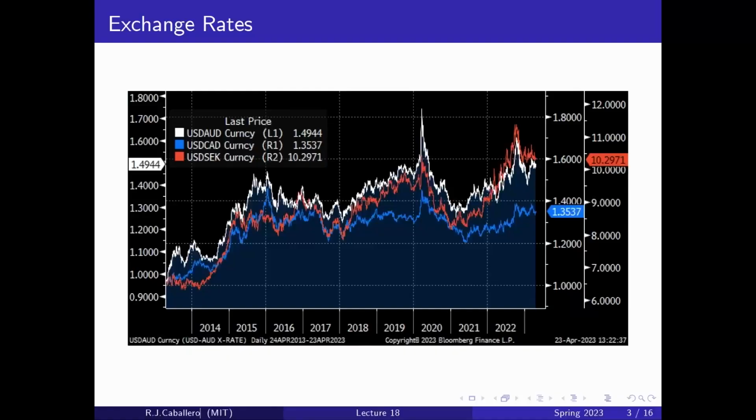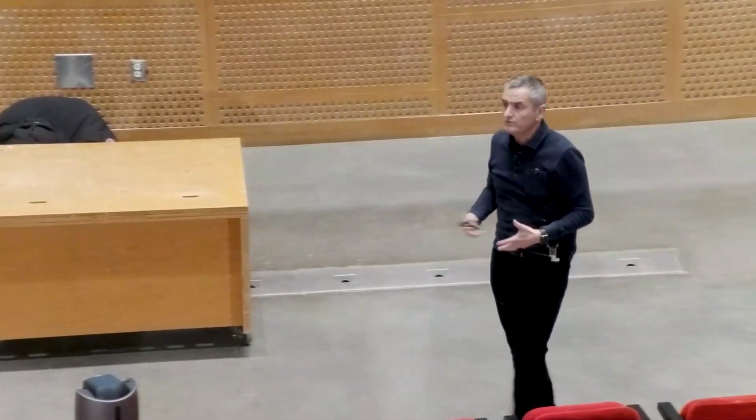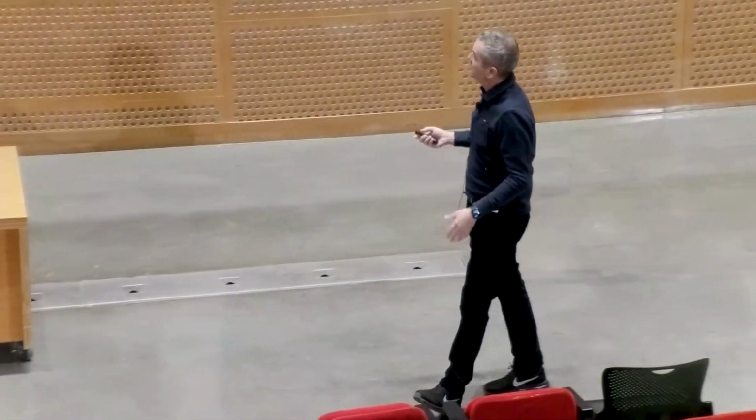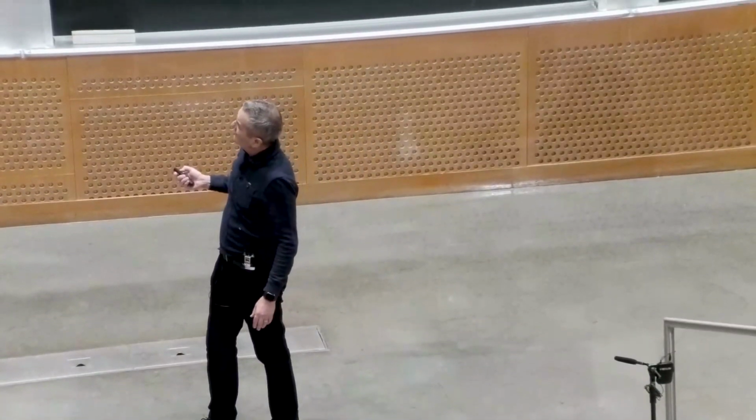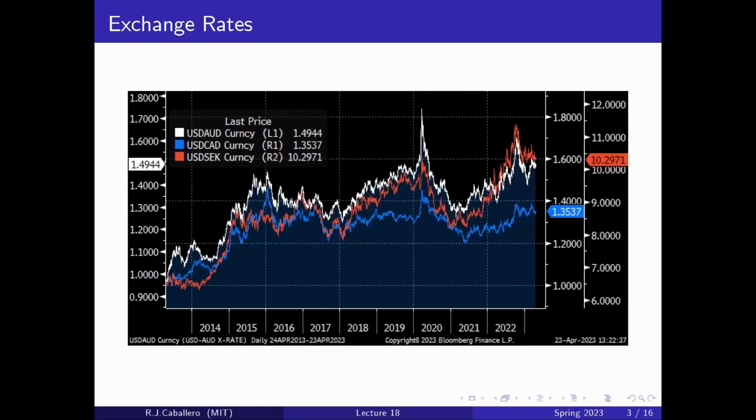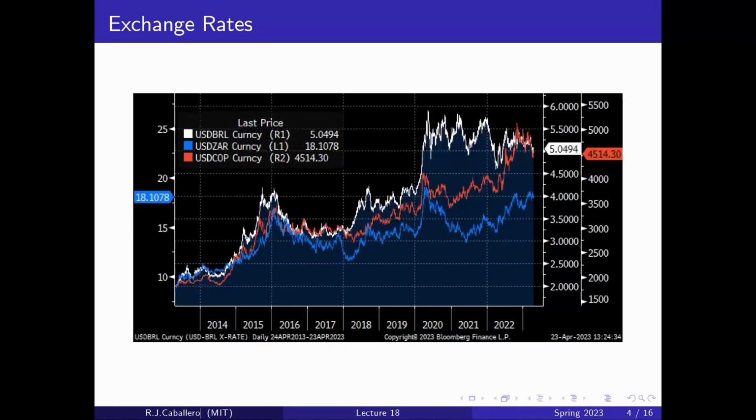And that's the reason you see these spikes here. This was COVID, the biggest spike. You didn't see it in the dollar, euro, and so on. So these are currencies that are free floaters, but they're very exposed to the risk environment in the market. The Swedes are a little bit more independent-minded, and they control the currency a bit more, but I consider those free floaters.